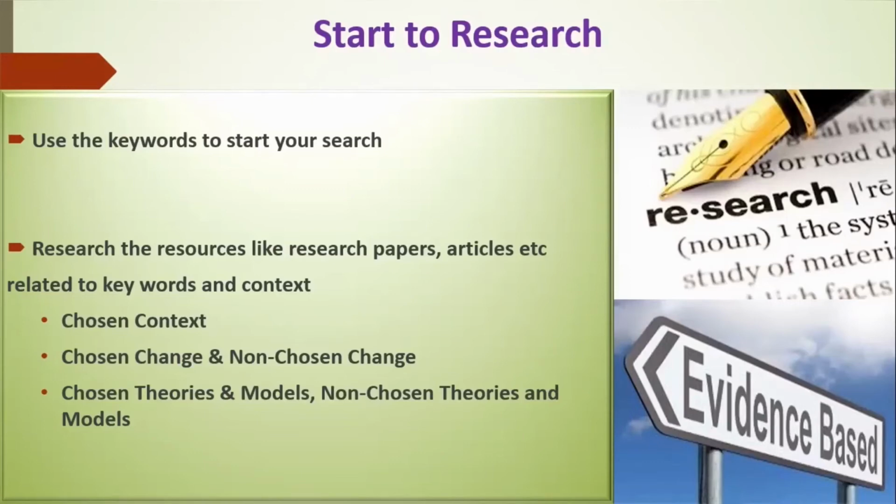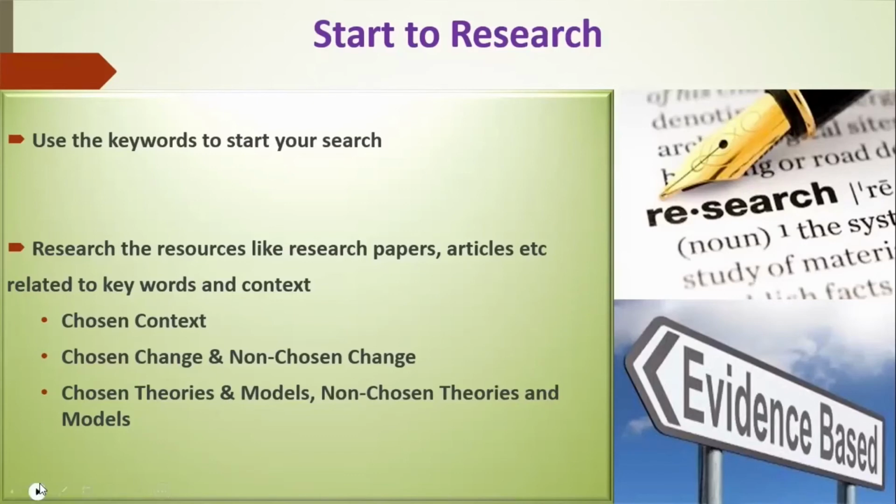Just as a coin has both sides, in the same way when you're doing a search, you have to search on both sides. The same way with management models: if you are going to select Lewin's change management model, don't narrow down. You have to search different perspectives of the management model so that it's easy for you to critique based on its limitations or recommendations.